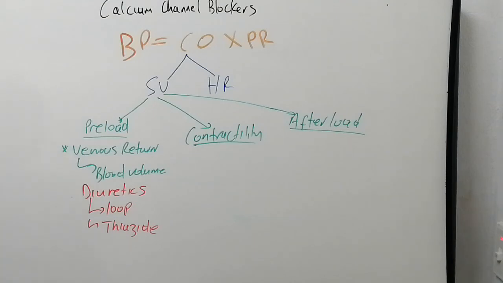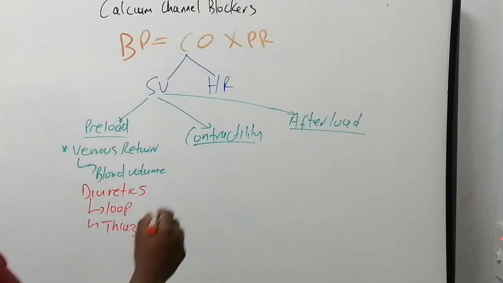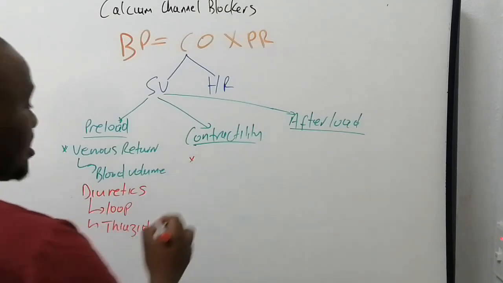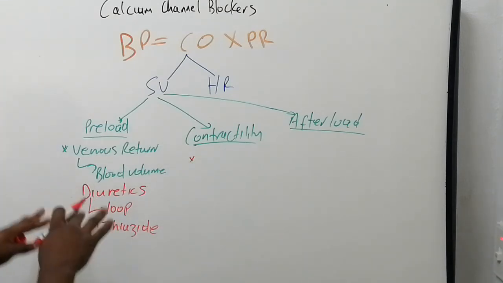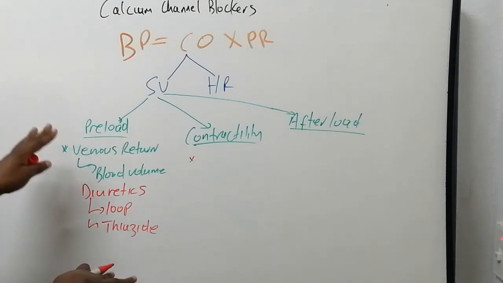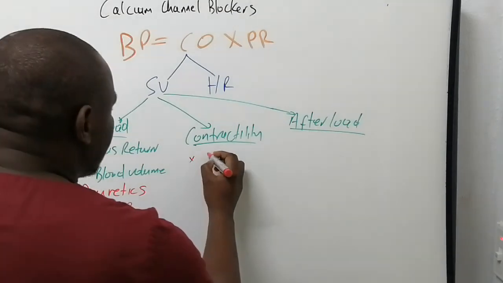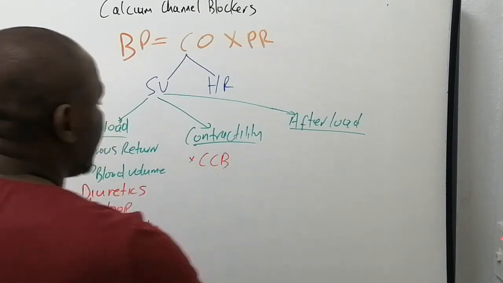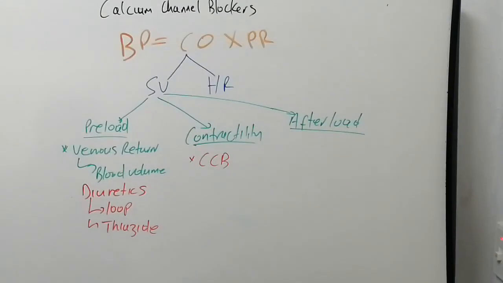Okay, so let's move on to contractility. The drugs that decrease contractility in order to decrease stroke volume, decrease cardiac output and eventually decrease BP are called calcium channel blockers. Some people call them calcium channel antagonists, right?